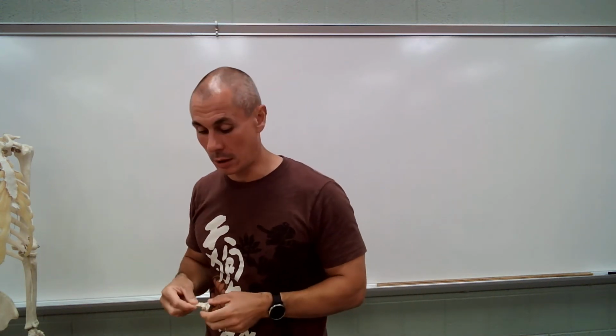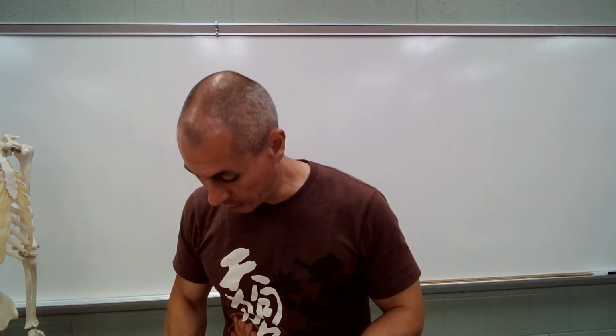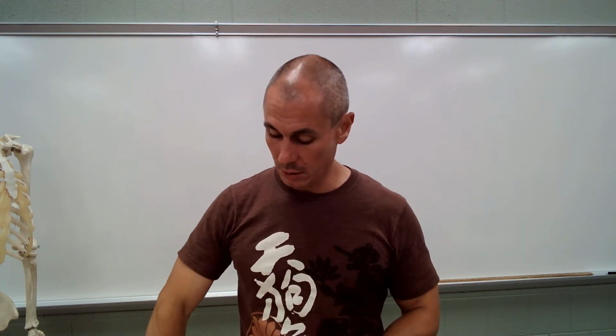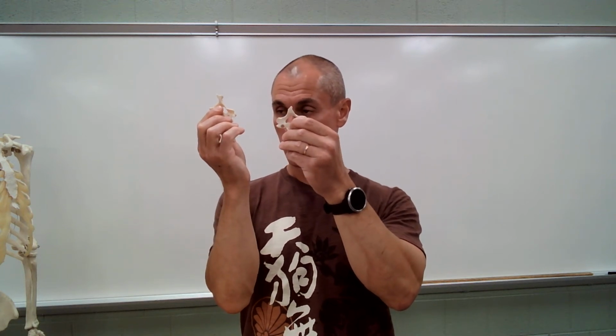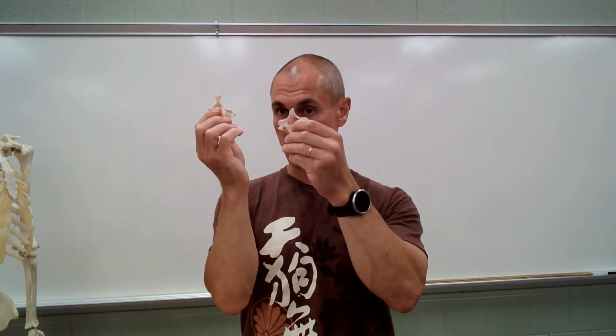Now, how can you tell apart the cervical vertebrae from any other? Any cervical vertebrae will have relatively small body. The opening in the center, where spinal cord goes through, is triangular. Can you see that? And the spinous process is what's called bifid. You see 2 prongs coming out.